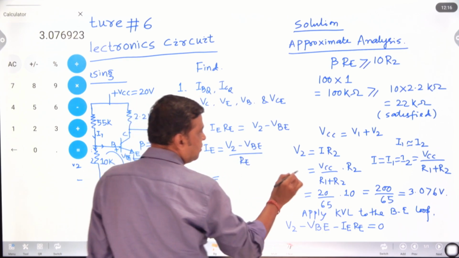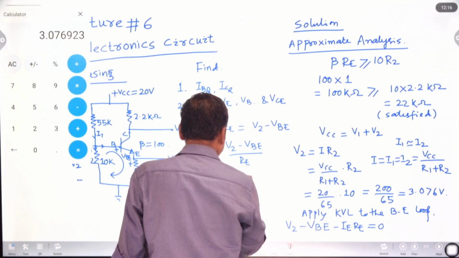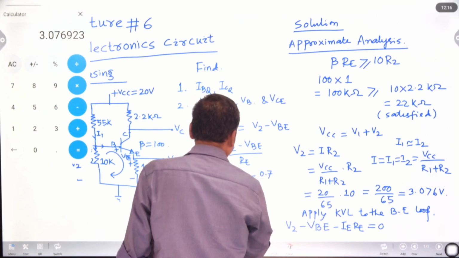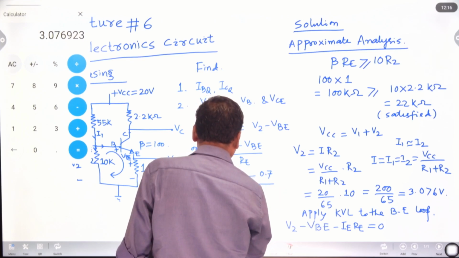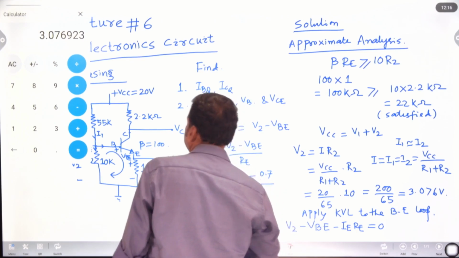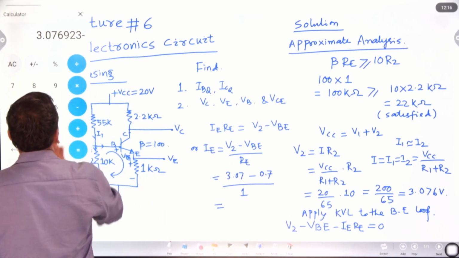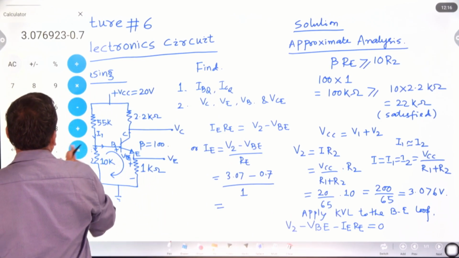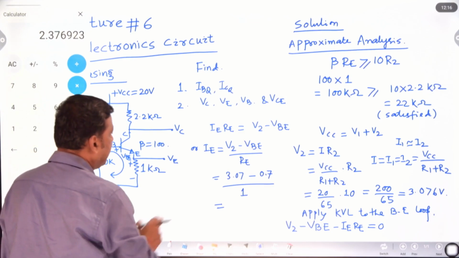V2 value is 3.07 volt. 3.07 minus VBE, your 0.7. RE value is your 1. And the value is how much here? 3.07 minus 0.7, the value is 2.37, divided by 1 is the same value.